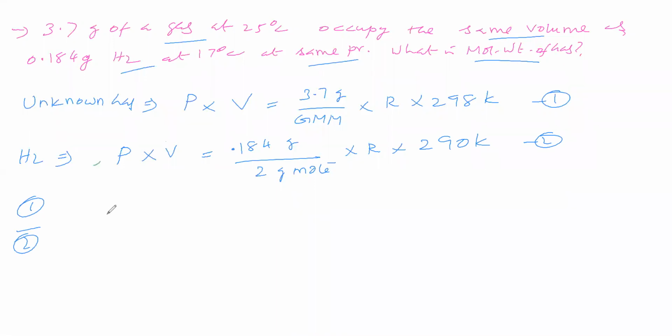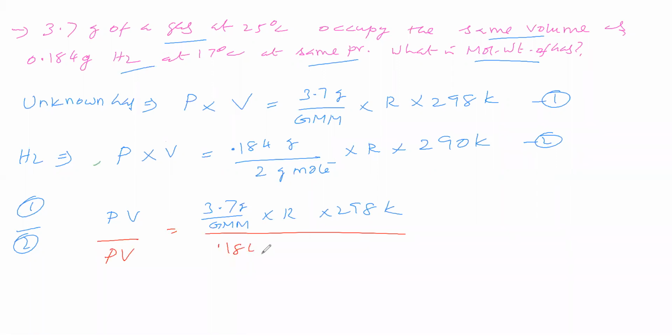The first equation is PV equal to 3.7 gram by gram molecular mass into R into 298 Kelvin. Now the second equation: PV equal to 0.184 gram by 2 gram per mole into R into 298 Kelvin.